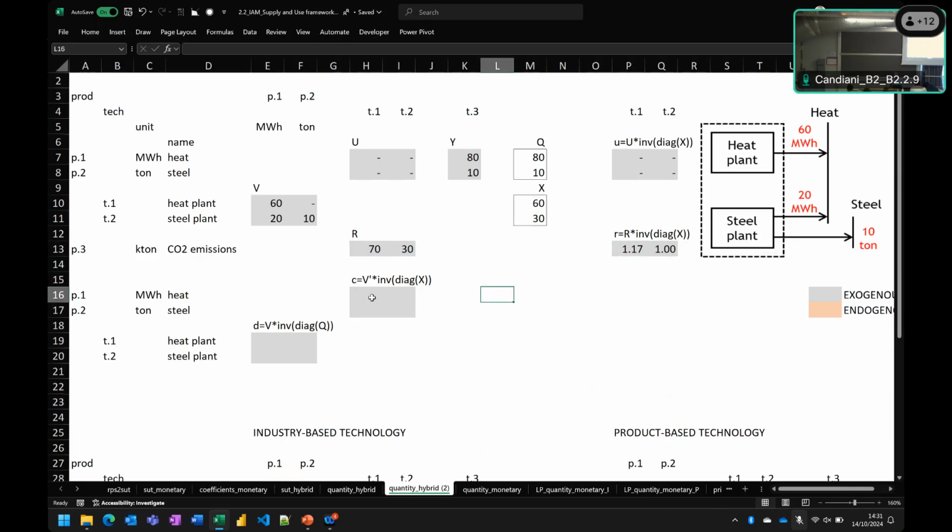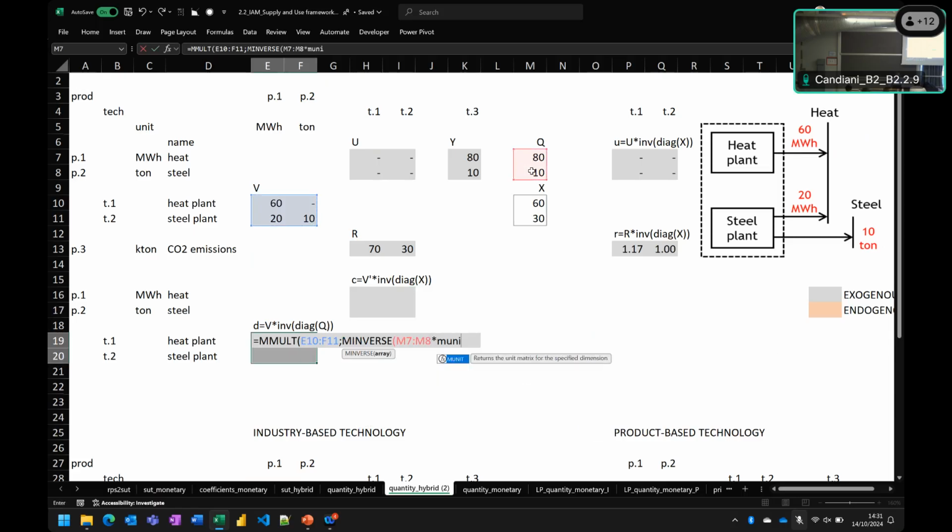Now let's calculate together the C and the D. Let's start from the D. So we have the matrix multiplication of the make table times the inverse of the diagonal of Q. So the inverse of the diagonal of Q. We have Q times M unit 2. Close, close, close. Should work. Yeah. 0.75, 0.25, 0, 1.